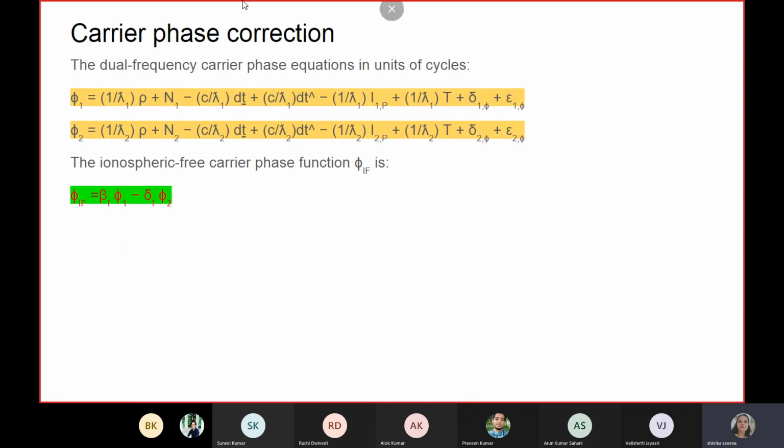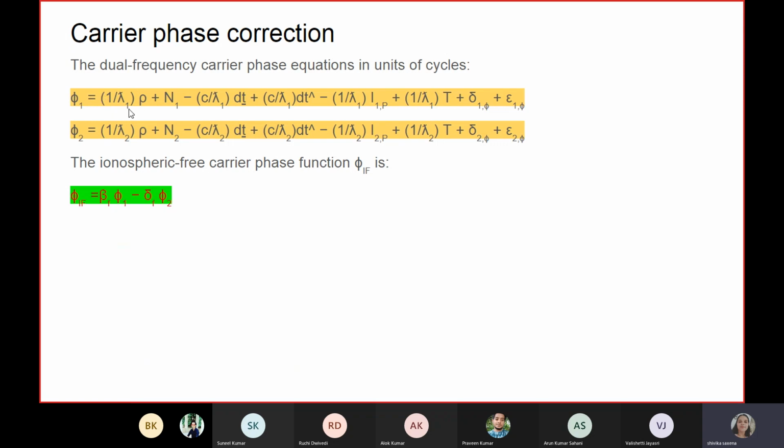Similarly, for carrier phase correction, these two are the carrier phase observable equations. 1 stands for L1 frequency and 2 stands for L2 frequency. Since we are writing these equations in units of cycles, we have to introduce this factor of 1 by lambda.